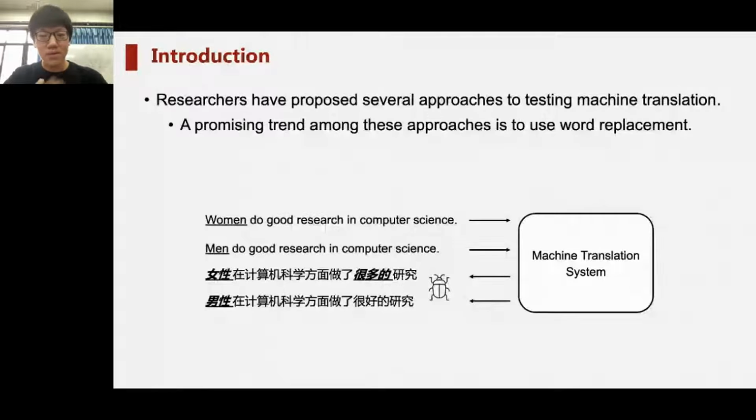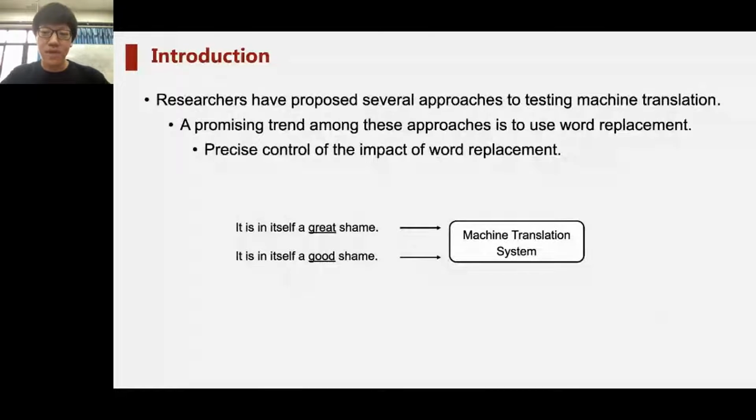Those approaches are good. However, precise control of the impact of word replacement in those word replacement-based approaches is still difficult due to the fuzzy semantics of natural language words. For example, the word great in this sentence is not suitable to be replaced by the word good.